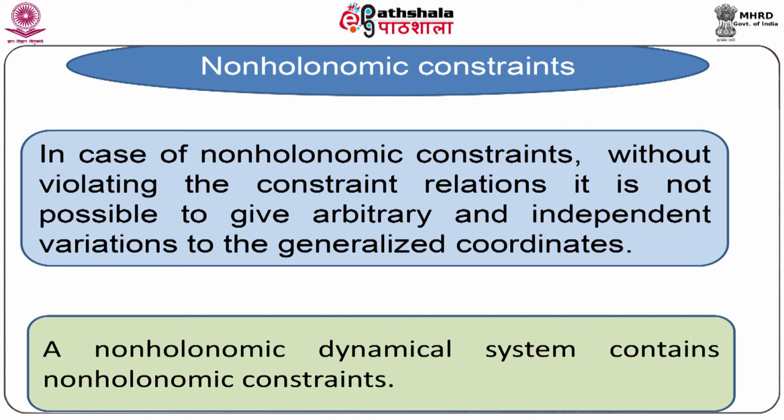In case of non-holonomic constraints, it is not possible to give arbitrary and independent variations to the generalized coordinates without violating the constraint relations. The dynamical systems containing non-holonomic constraints are known as non-holonomic dynamical systems.